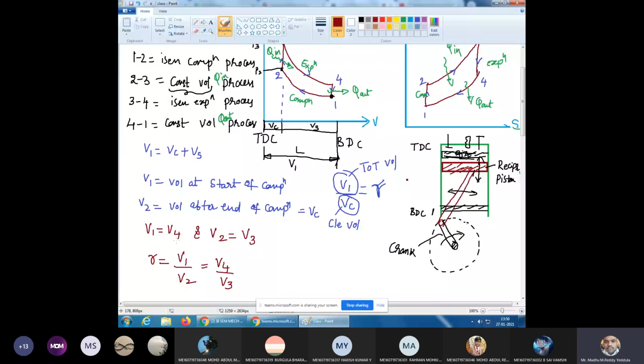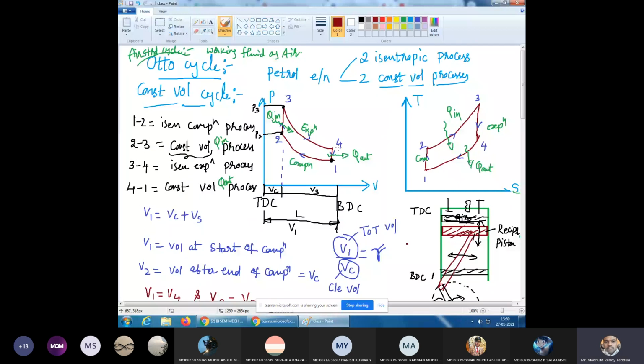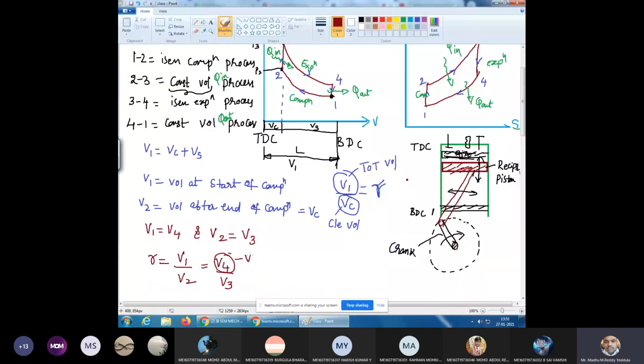But what is V4 here? What is V4? Look at the figure and tell me. V4 is the volume at the end of the expansion. Agree? Because the 3 to 4 process is the expansion process. V4 is the volume at the end of the expansion, and V3 is the volume at the start of the expansion.